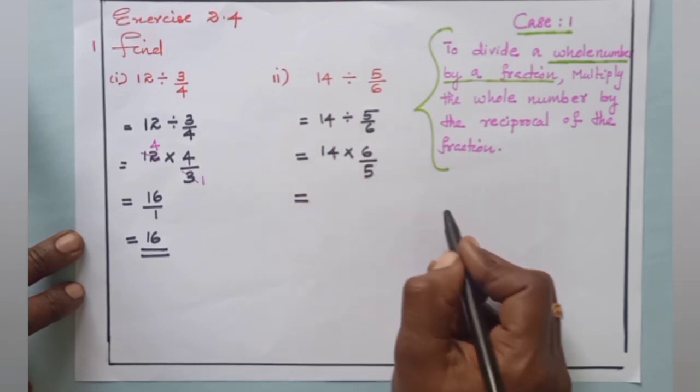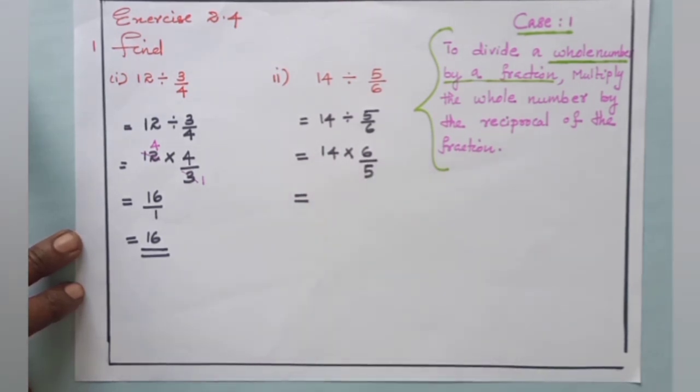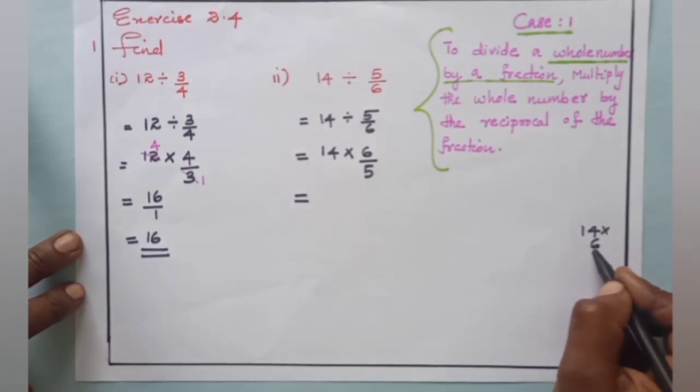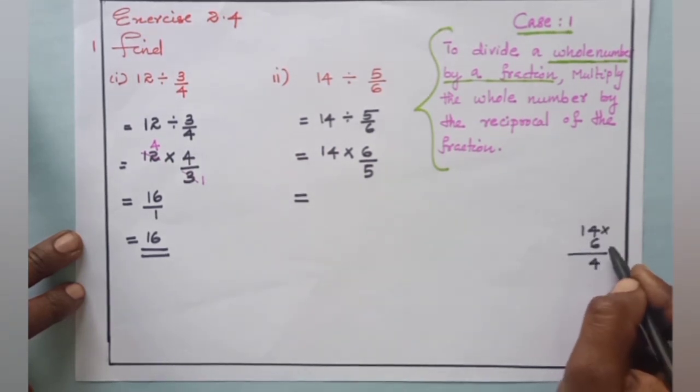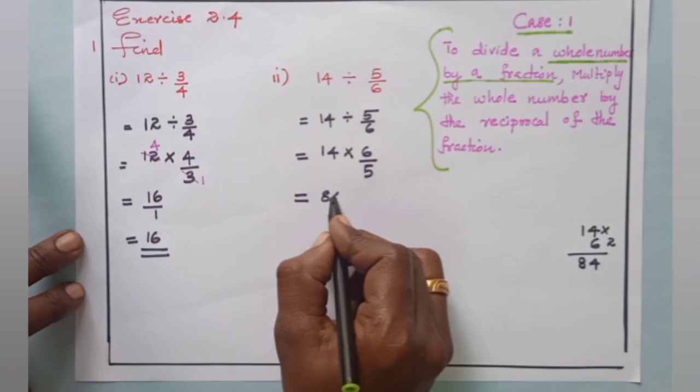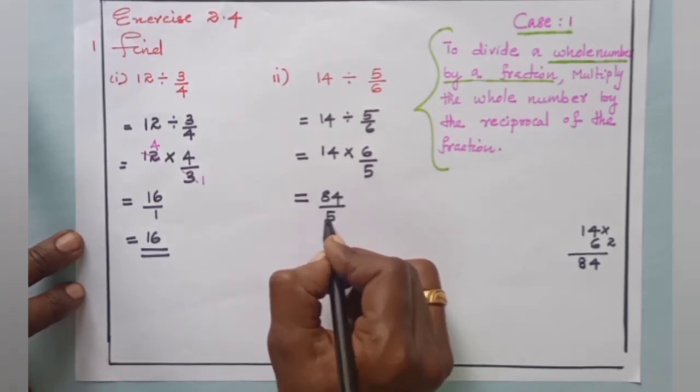So multiply the numerators, 14 into 6. 6 fours are 24, 2 carry. 6 ones are 6, plus 2, 8. 84 by 5.